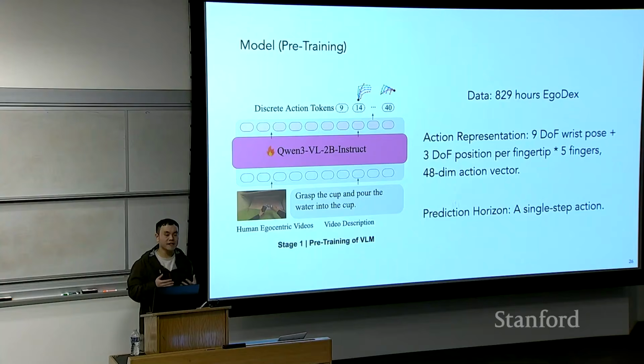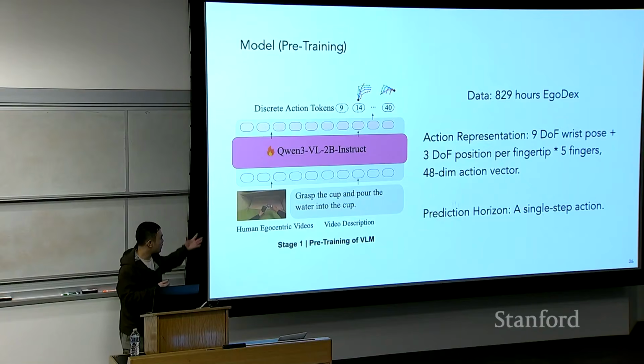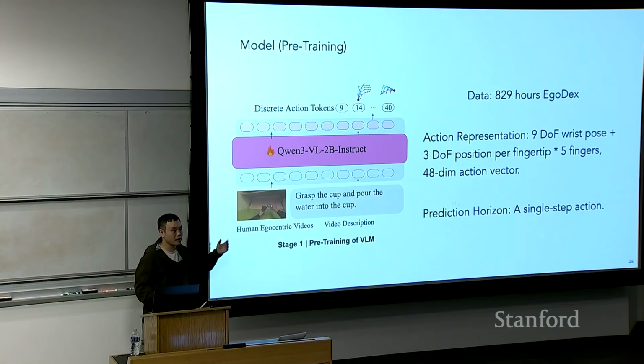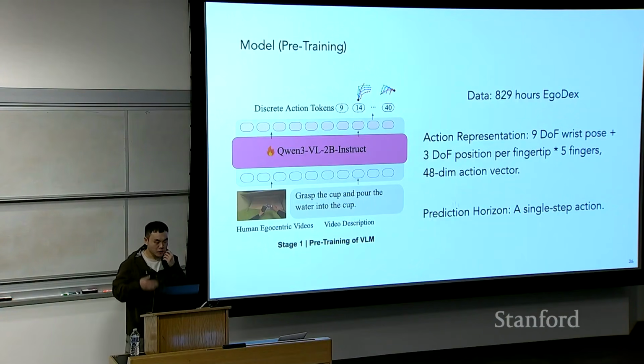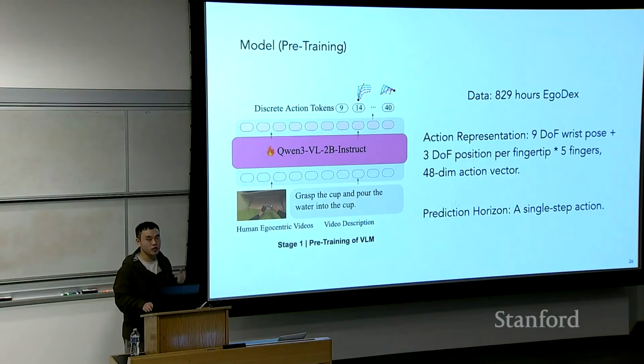And we do one-step prediction, because in practice we found that even a single-step action prediction can already give the model a very good understanding of the task and the manipulation. So to save computation, we don't do long-horizon prediction in the pre-training stage.